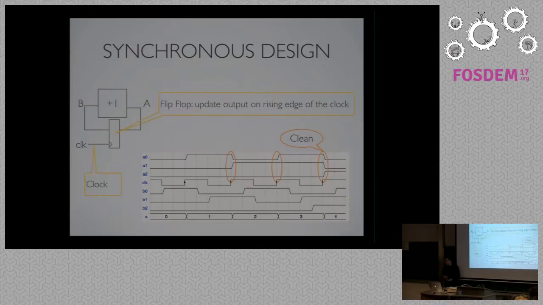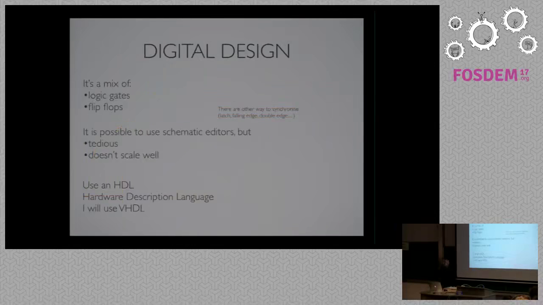There's also performance attached to any digital circuit. Most digital circuits are composed of logic gates that do computation and flip-flops or registers that are used to synchronize the circuit, the computation. So that's the base of how to design a circuit.